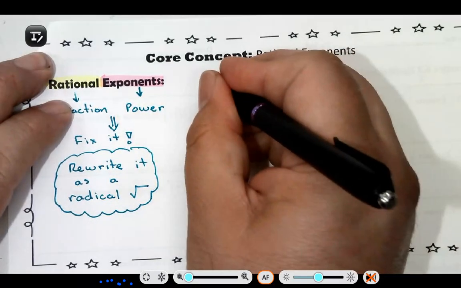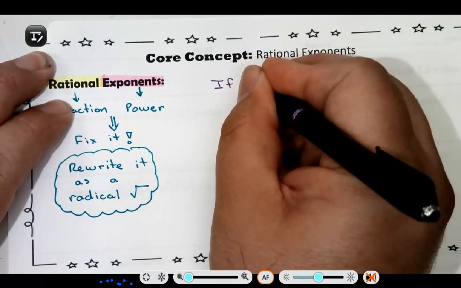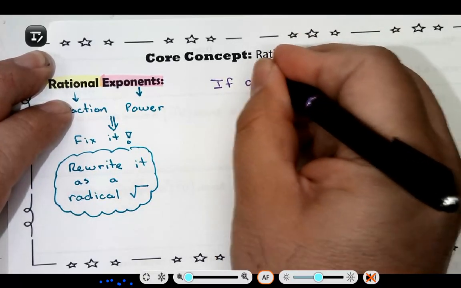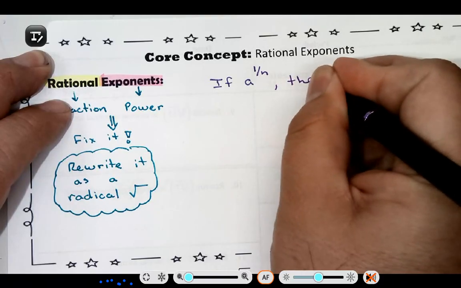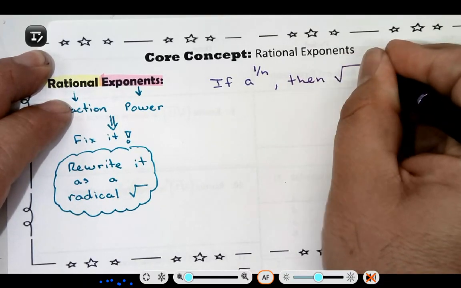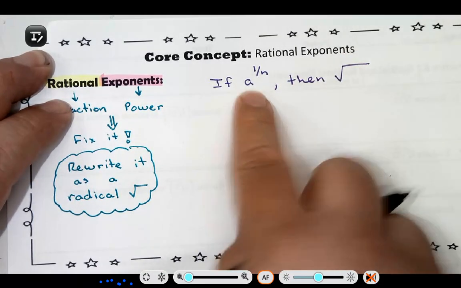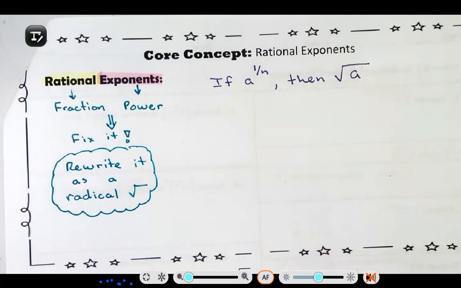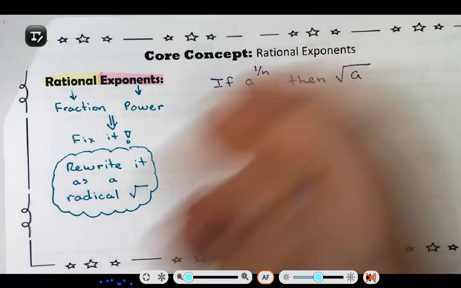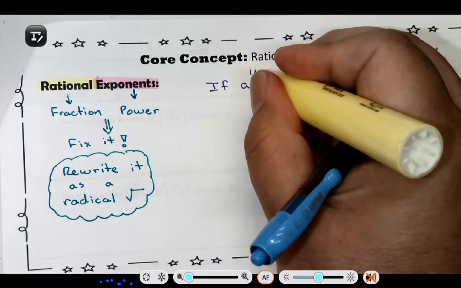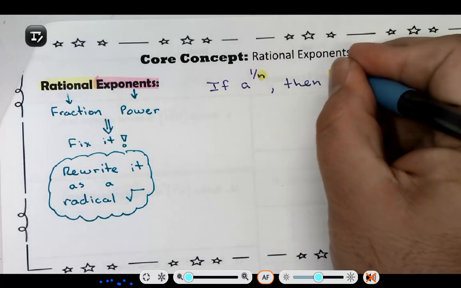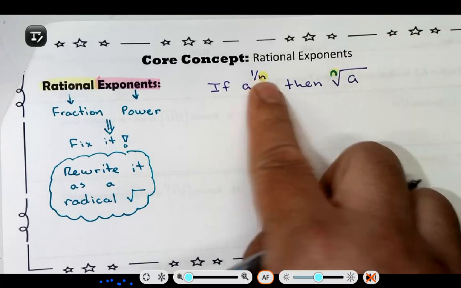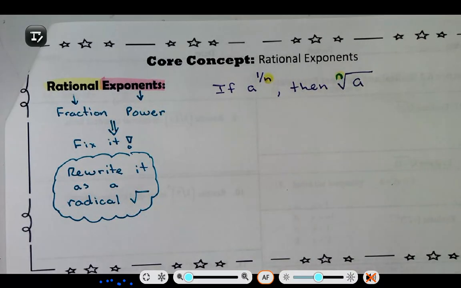It says, if a to the power of 1 over n is given to you, then all you have to do is turn it into a radical. Remember, your base is a, so there's the a. And all we have to do now, remember, my denominator is n. Well, then that means my index is n as well. All we have to do is put it where it belongs.